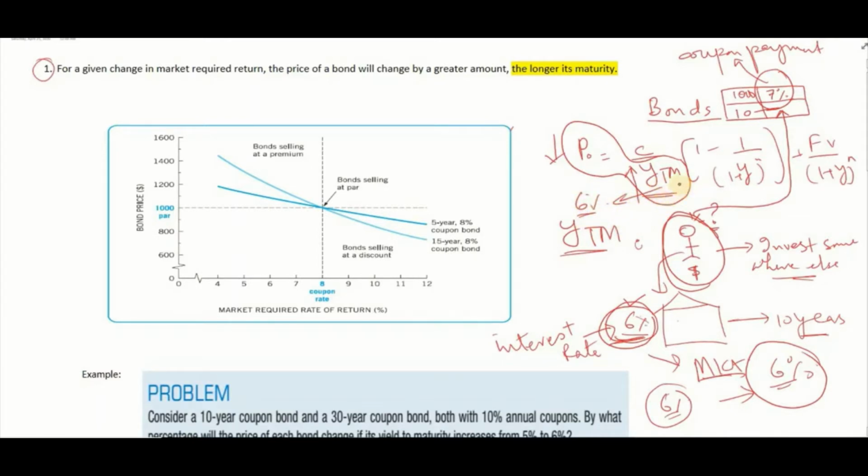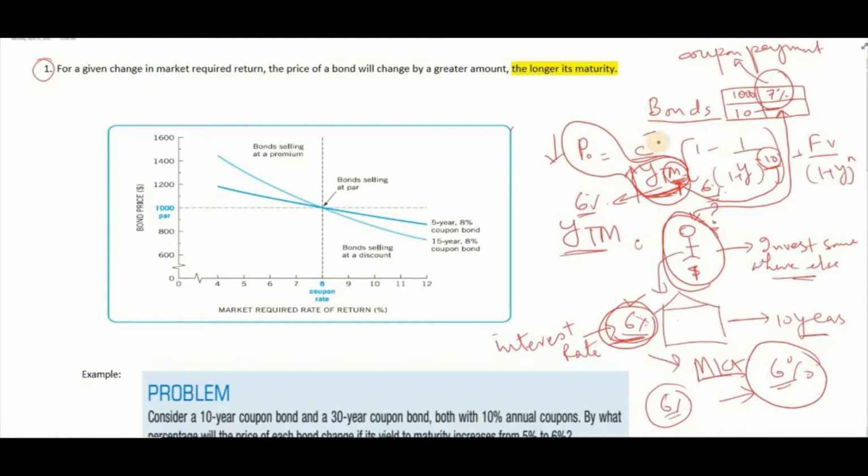Remember, this is one simple example. Okay, so why yield to maturity? To maturity, why? Because we are holding it for 10 years. So if we hold this bond for 10 years and you expect to get 6% as the market interest rate, meaning if you invest somewhere else, this part is called the opportunity cost, right?